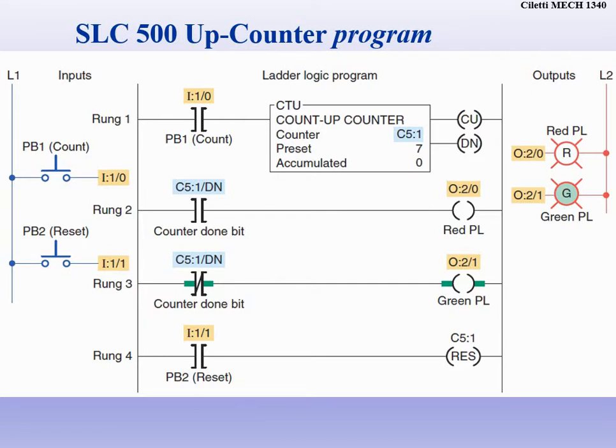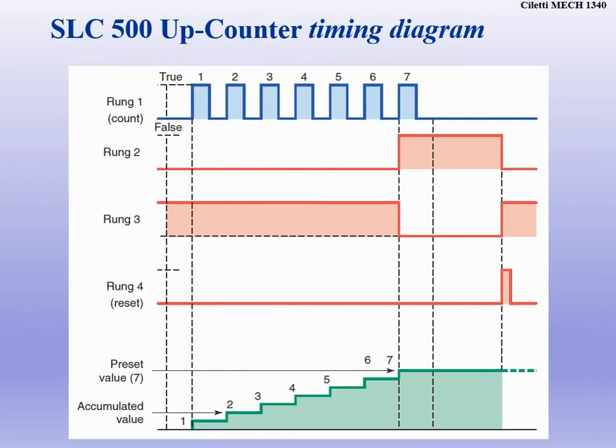It's not going to reset the preset value, it's going to reset the accumulated value back down to 0 so that we can keep counting. Even with this counter, I can keep pressing the push button and it'll accumulate greater than the preset, but it's not going to do anything then, because we've reached the preset value.